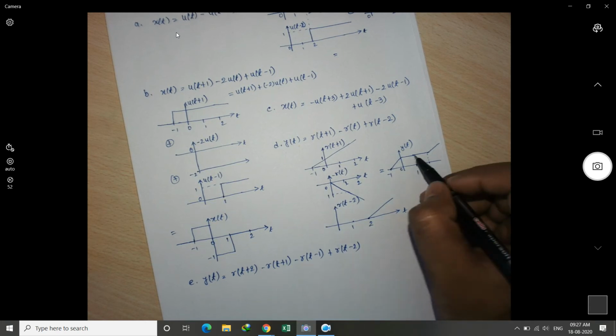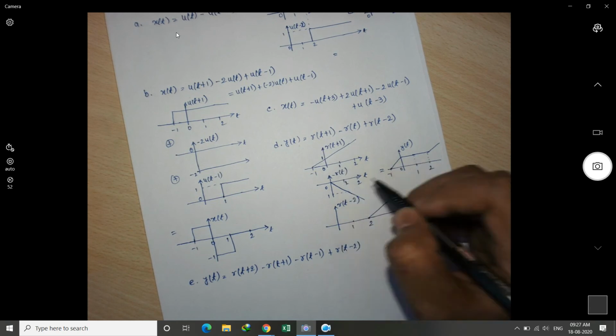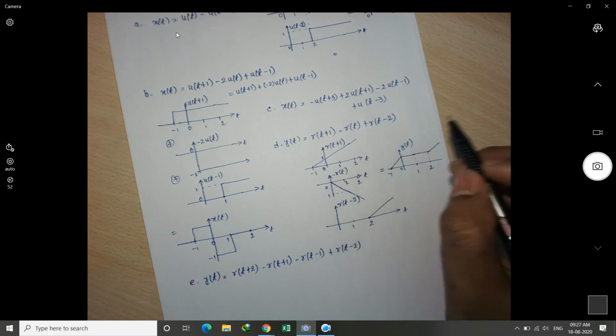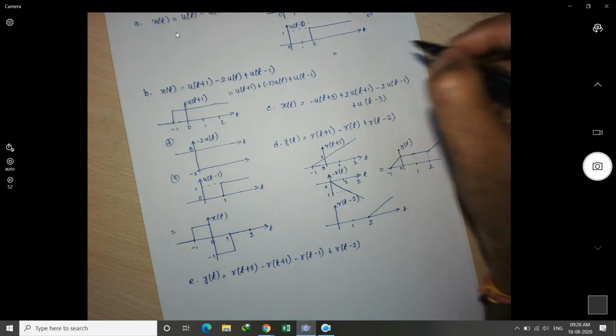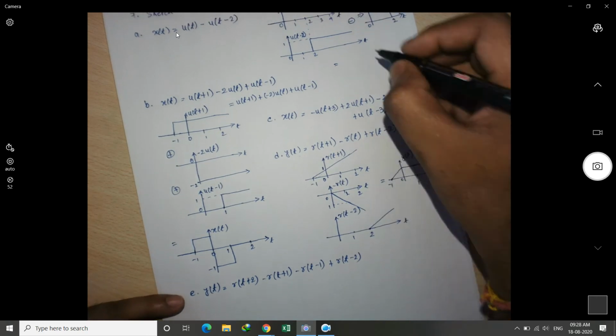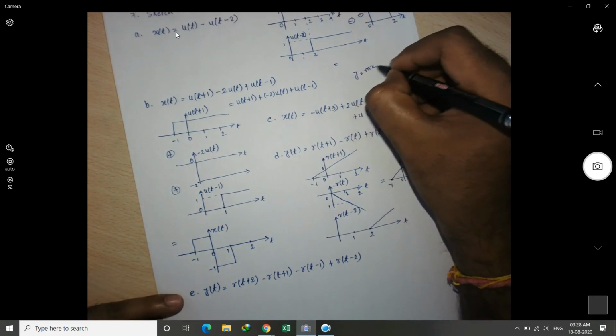No, it is constant because these two are a subtraction. Let us consider addition, but one is negative, one is positive. That I understand, but we don't know the values. If one signal is, let us consider, y equals mx, right?